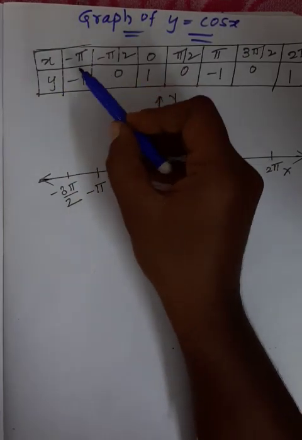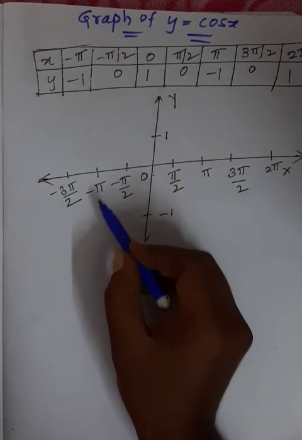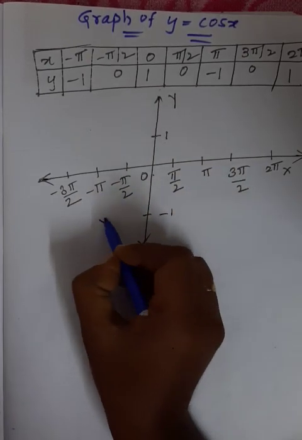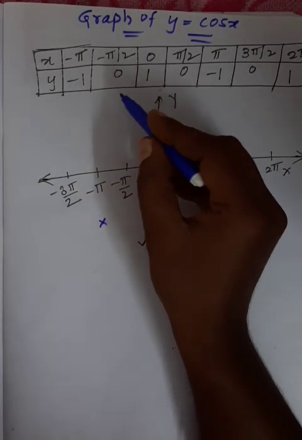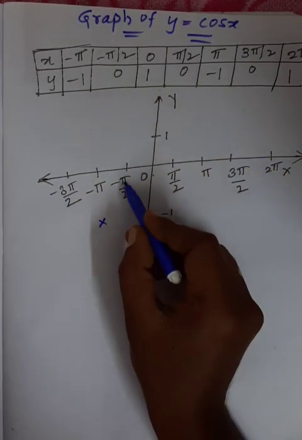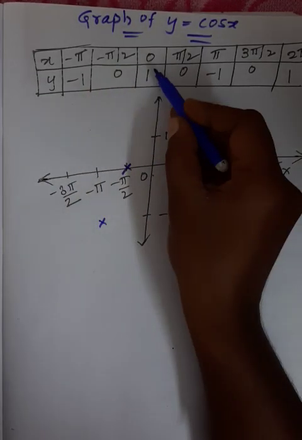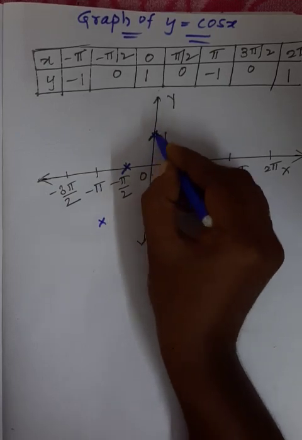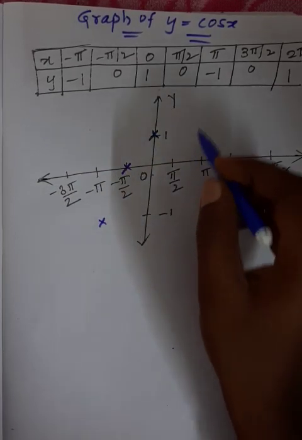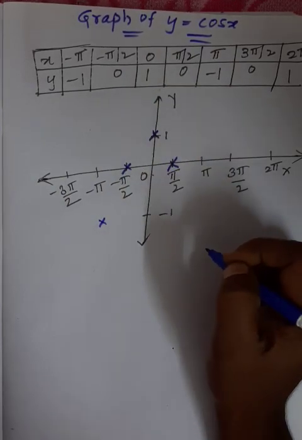Our first point is minus pi comma minus 1. Next, our second point is minus pi by 2 comma 0. Next, our third point is 0 comma 1. Next, our fourth point is pi by 2 comma 0.